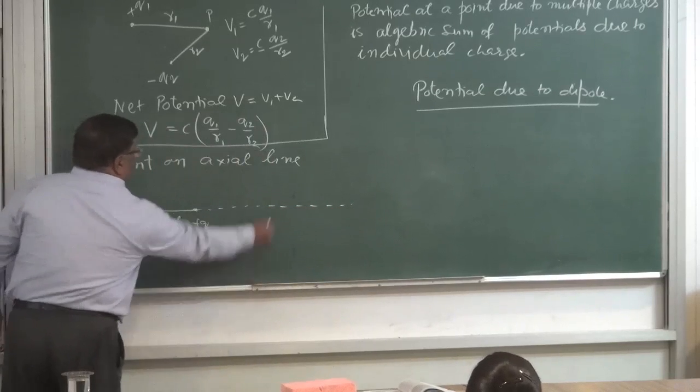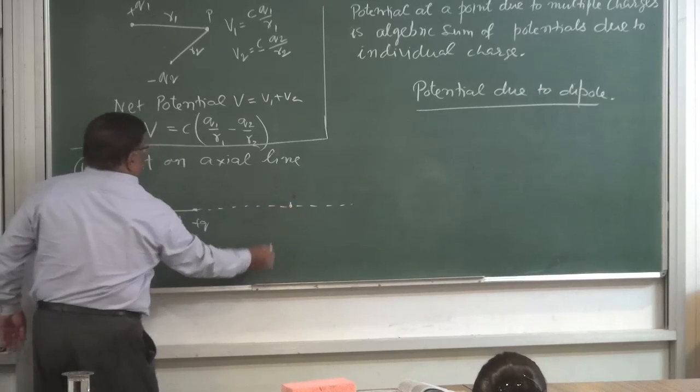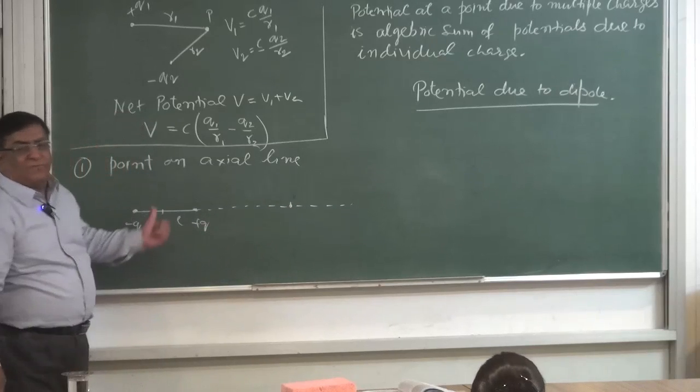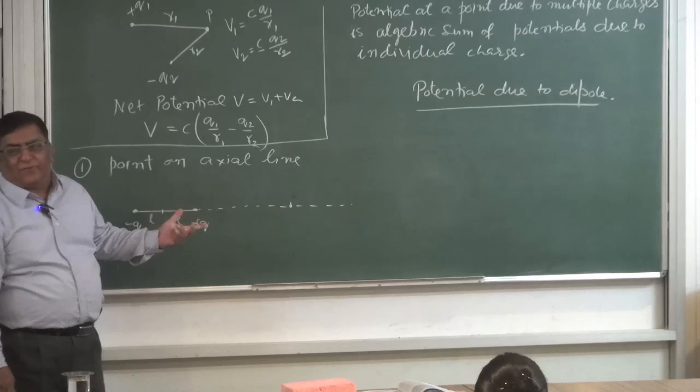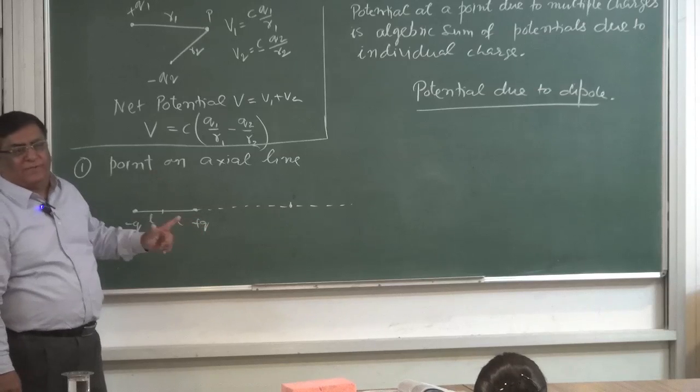On this XL line, there is a point here, and this point is at a distance R from the dipole. When we say R from the dipole, that means from the center of the dipole.